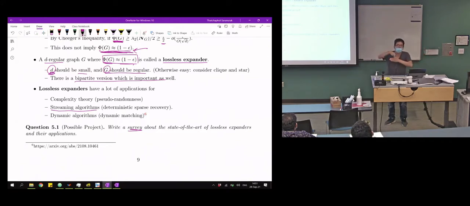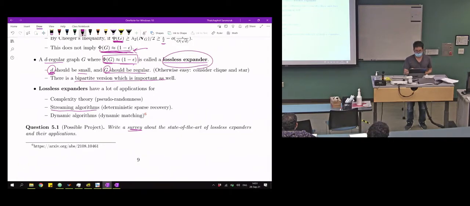It just gives you some sequence of updates, and it cannot generate updates adaptively to your answer. So it turns out that using lossless expanders is a way to make some streaming algorithms deterministic. There are some very non-trivial streaming algorithms that can be made deterministic, and that use lossless expanders.